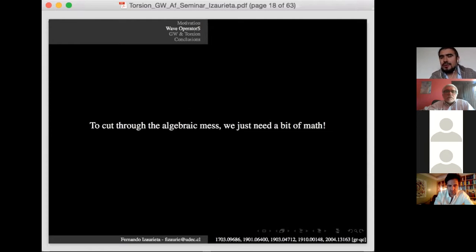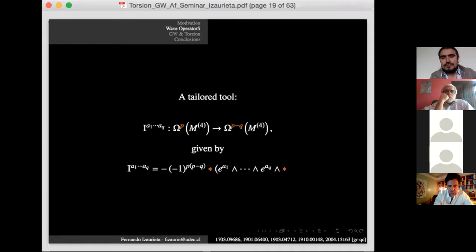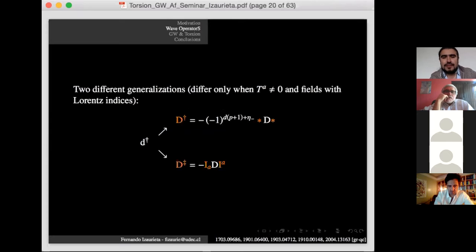And well, to solve that and discover the role of torsion here, we just need to introduce a bit of math. The first tool is this one. We have to introduce this operator, which is constructed through the Hodge dual and the Dirac one form. And it maps p forms into p minus q forms.